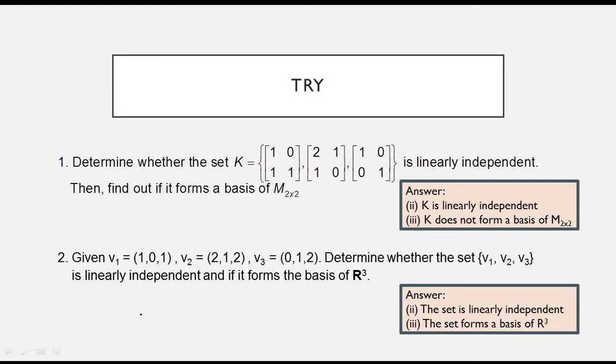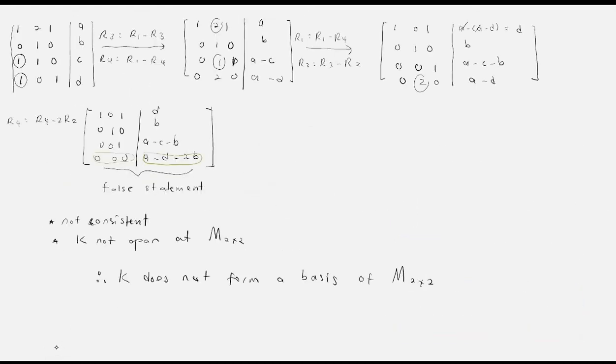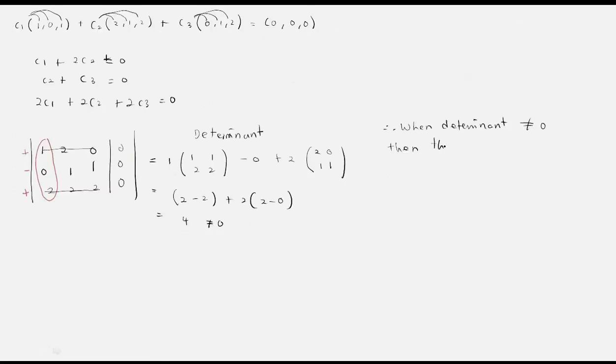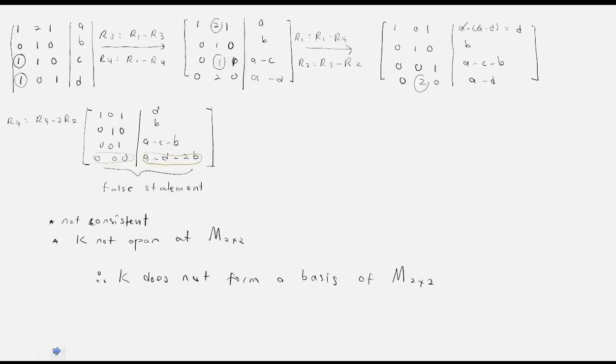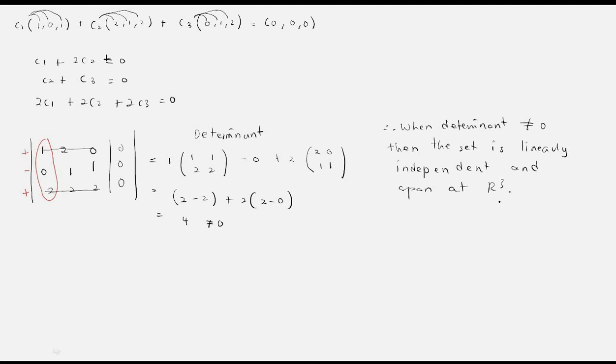Oh, there isn't one, let's call it V. The set is linearly independent and also spans R3. So the set forms a basis of R3.